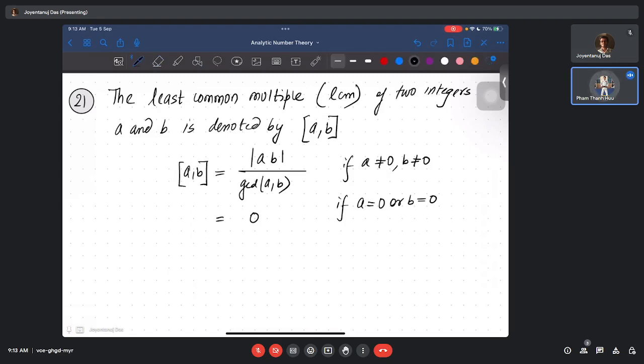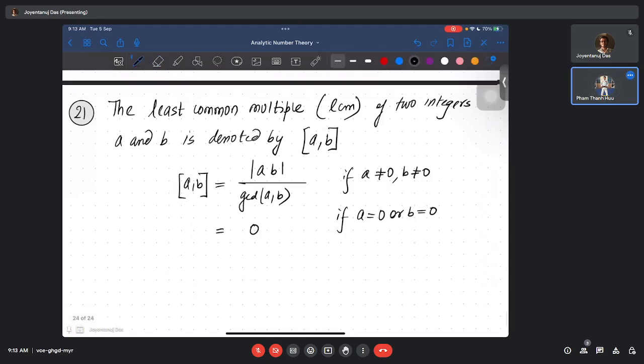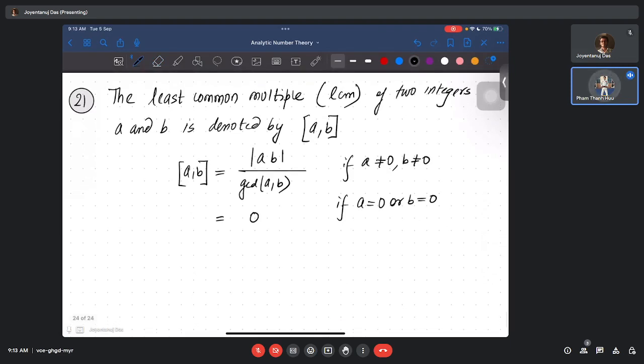Please come on with the why of the least common multiple. Yes, so why is it called the least common multiple? Why was the name greatest common divisor?